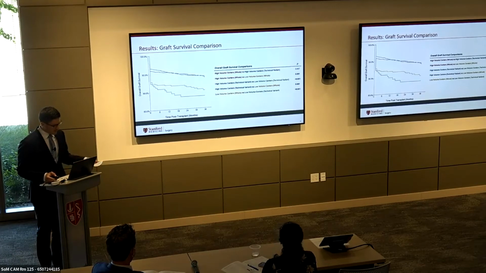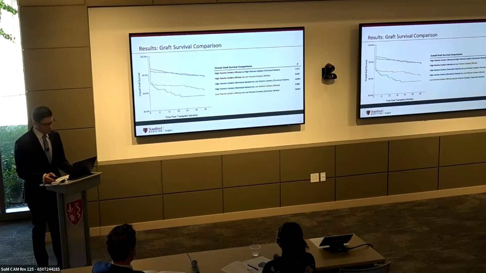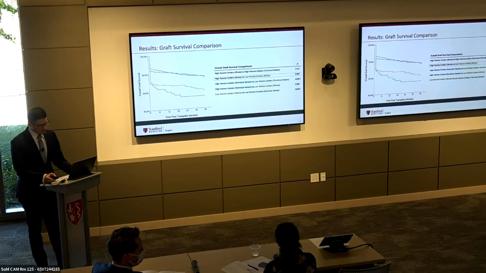Overall graft survival was calculated for whole grafts and technical variant grafts up to 3 years post-transplant and was further stratified by high volume and low volume centers. At high volume centers, there was no significant difference in graft survival between whole grafts and technical variant grafts. Whole grafts at high volume centers demonstrated significantly improved graft survival compared to low volume centers.